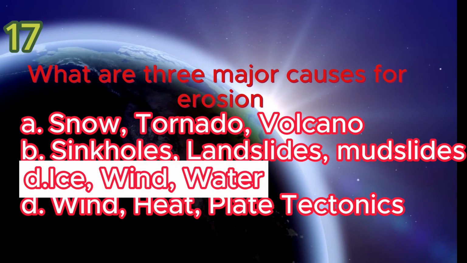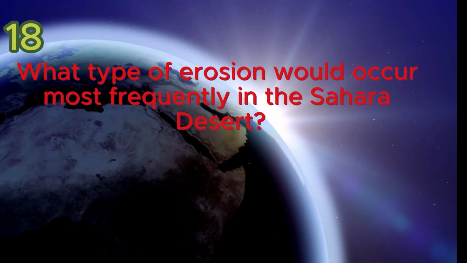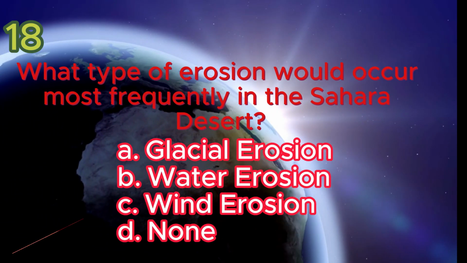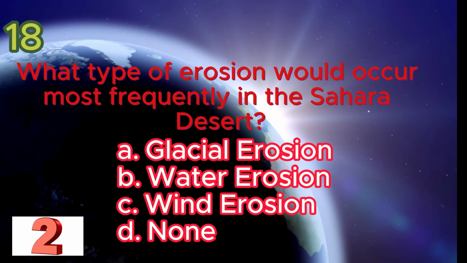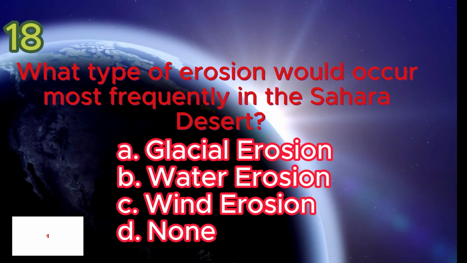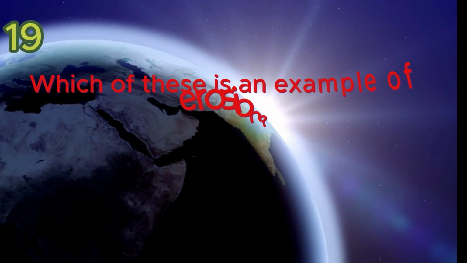D. Ice, wind, water. What type of erosion would occur most frequently in the Sahara Desert? C. Wind erosion. Which of these is an example of erosion?